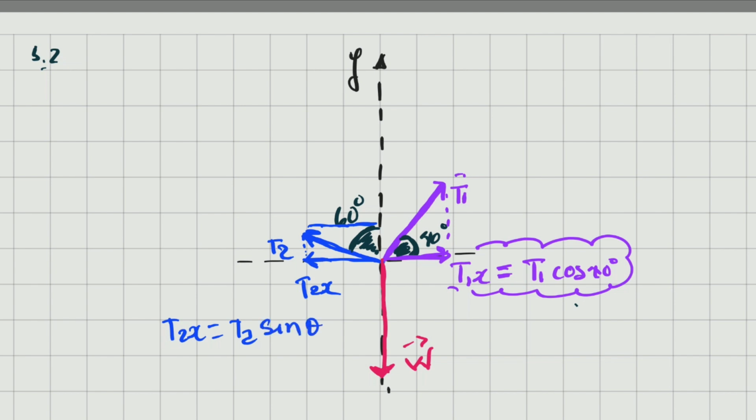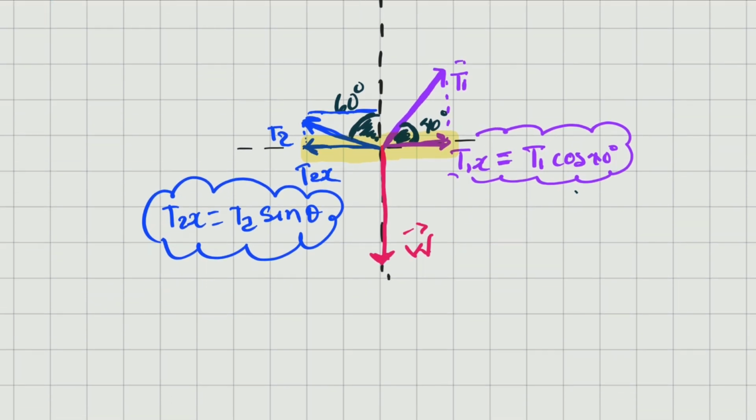Guys, we are almost done with the question. Because the system is at equilibrium, all this side must be equal to all that side. So we can say now that T1 in X is equal to T2 in X. Why can I say that?